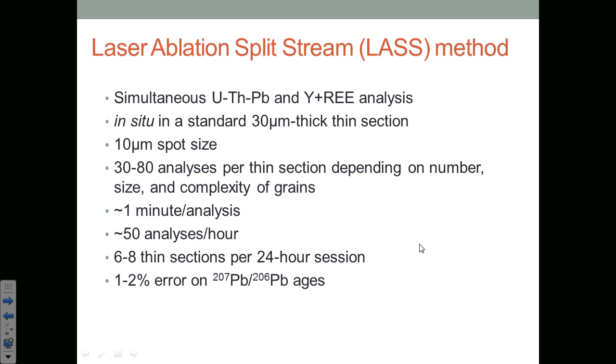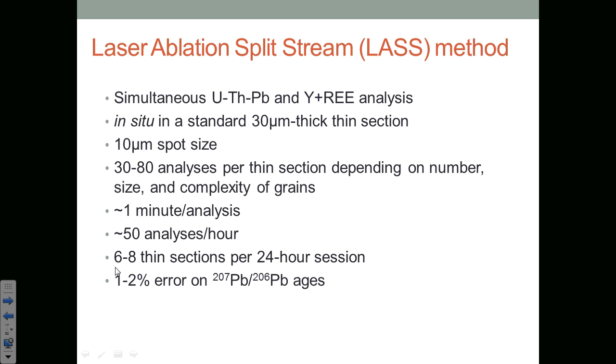Then you also have to set aside time to relocate all your grains and set up all your spots, and that actually takes longer than the actual analysis. So each thin section is probably about a 3-hour job from start to finish. So you can crank through a lot of samples in a session. And the error that we've generally been getting is about 1% on our 207Pb/206Pb ages.